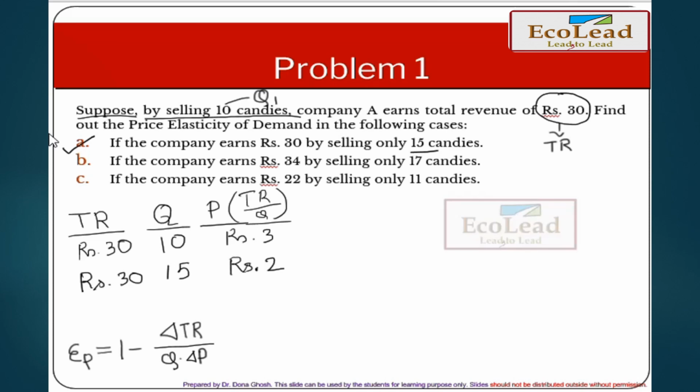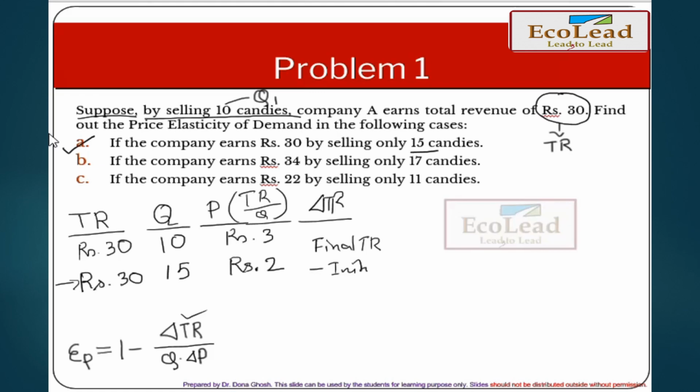Now we need to find out this del TR. So del TR will be nothing but the final TR minus the initial TR.